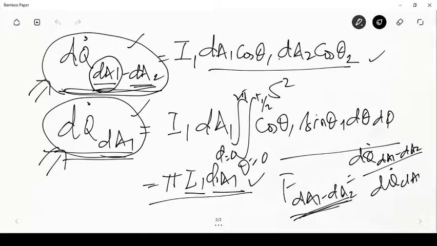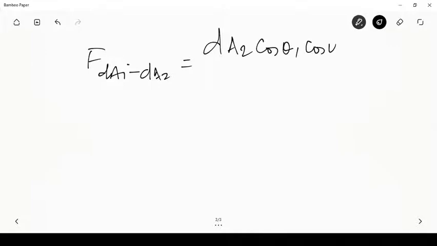So I'll get F of dA1 to dA2 will be equal to, the I1 dA1 will go, so it will be dA2 cos theta 1 cos theta 2 divided by pi s square. Okay, so this is your fraction from elemental area 1 to elemental area 2.